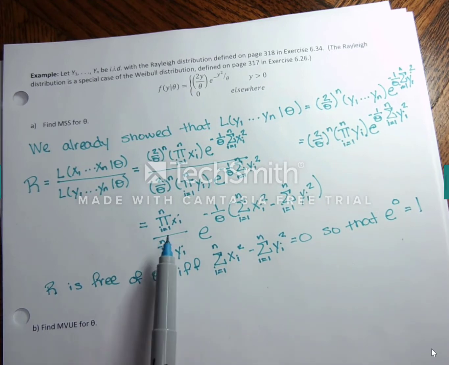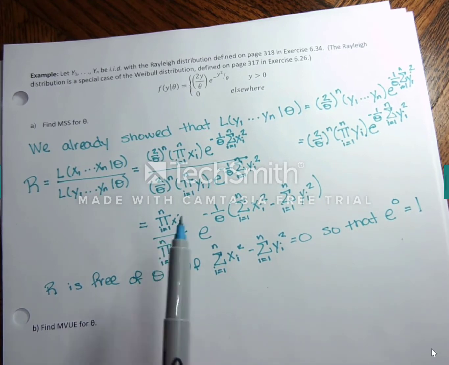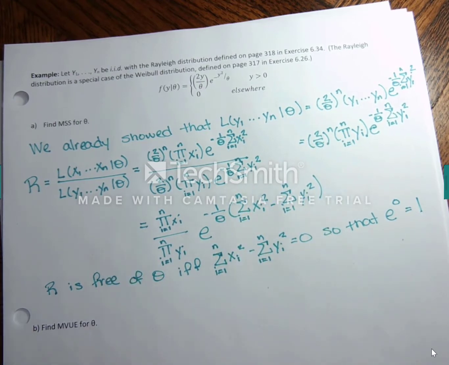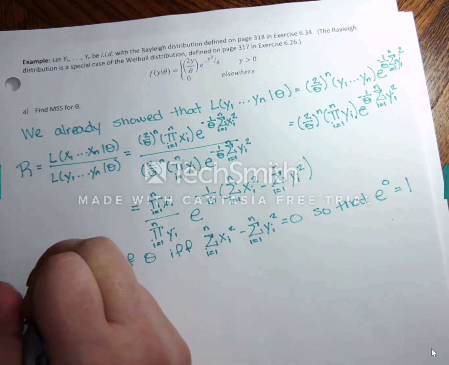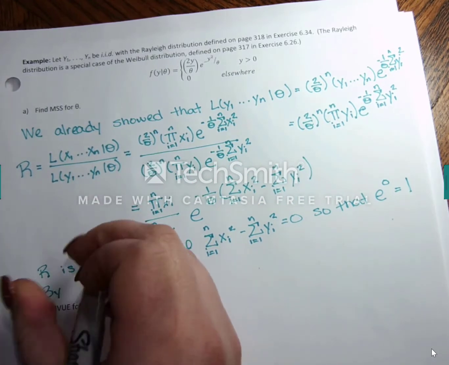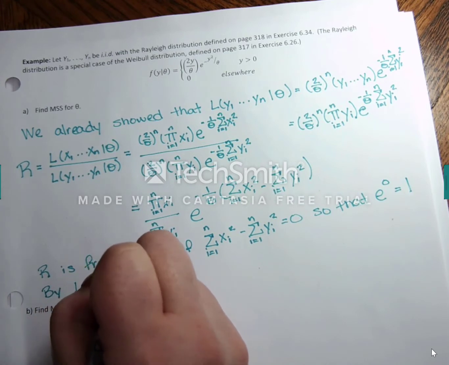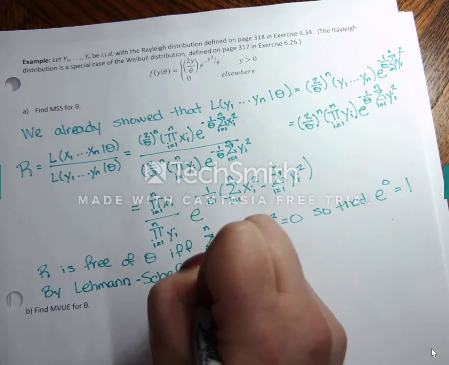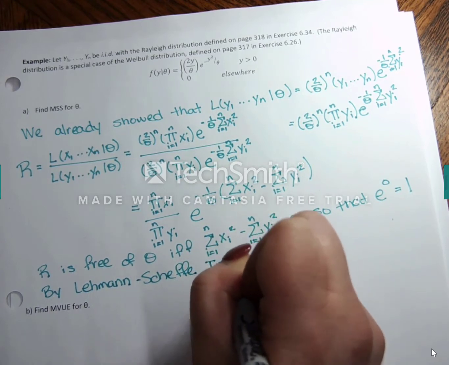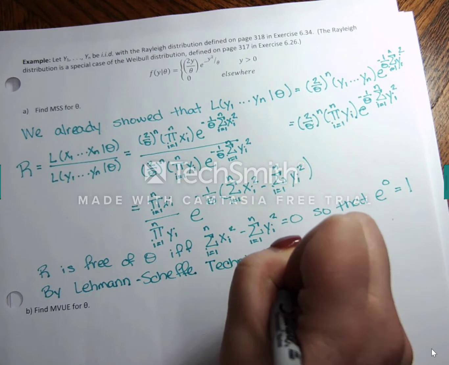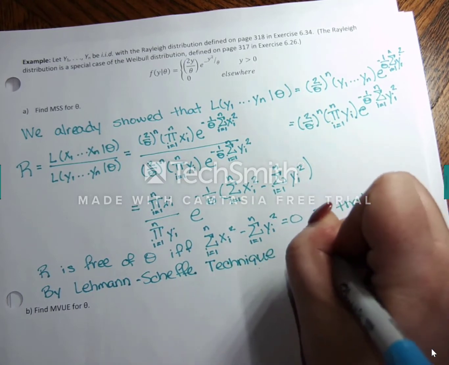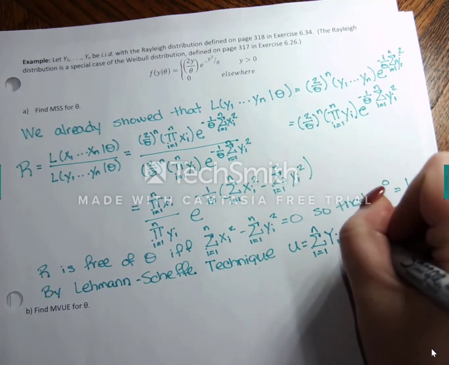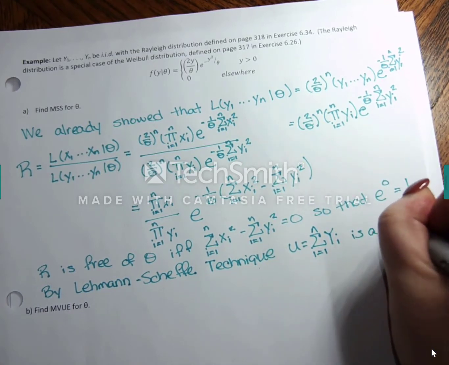And notice we're not concerned with this piece here, because if these two become 0, then the whole thing is free of theta. So by the Lehmann-Scheffé technique, U, which is equal to the sum i equals 1 to n of yi squared, is a MSS for theta.